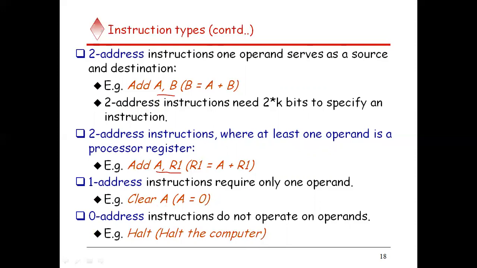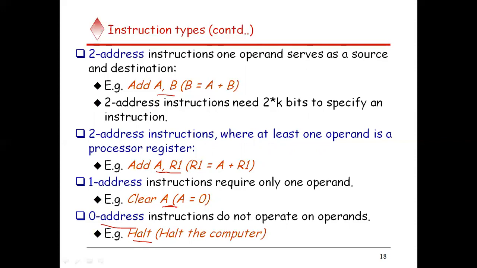Clear A means assigning A the value 0, clearing whatever content is in the A register. Only one operand is present, so it is a one address instruction. Zero address instruction means there is no operand inside the instruction. Halt or return are included in zero address instructions.